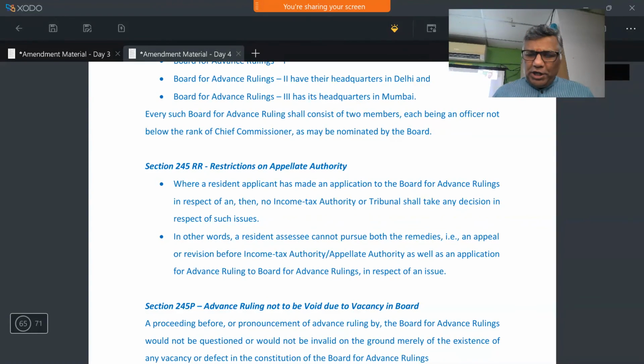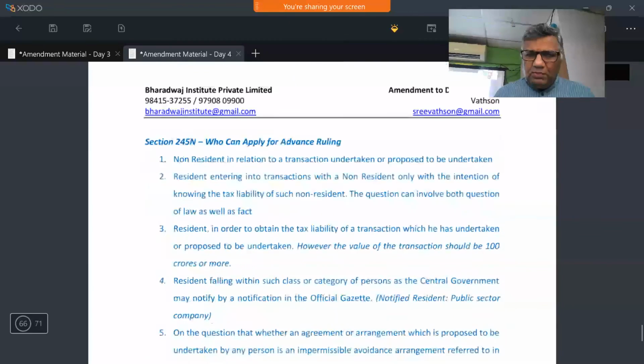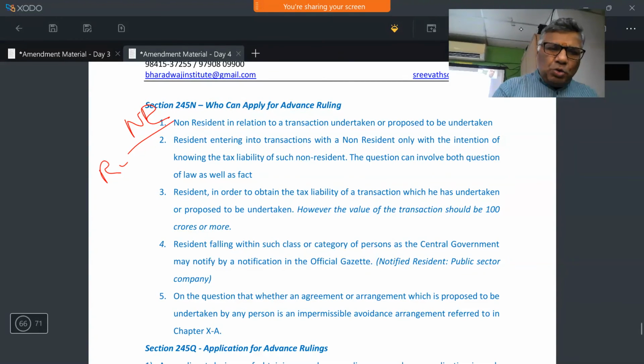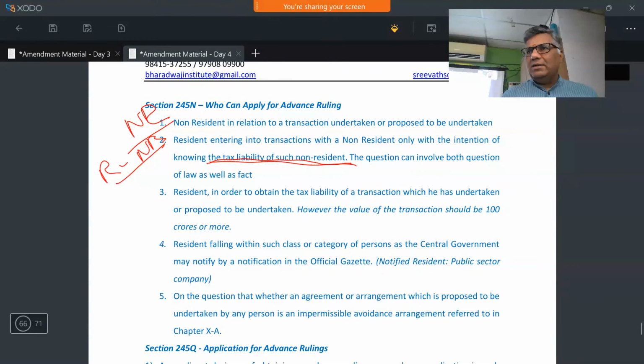Actually, first I will go here. Who can apply for advance ruling? Non-residents can apply, because they are not very familiar with our laws. A resident who is entering into a transaction with a non-resident can apply to know the tax liability of that non-resident.